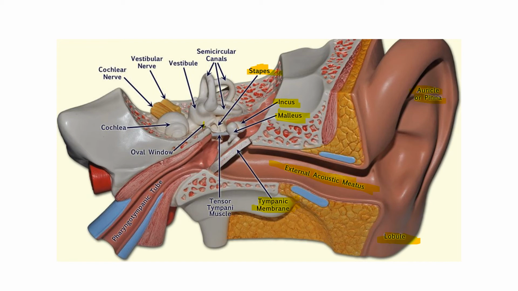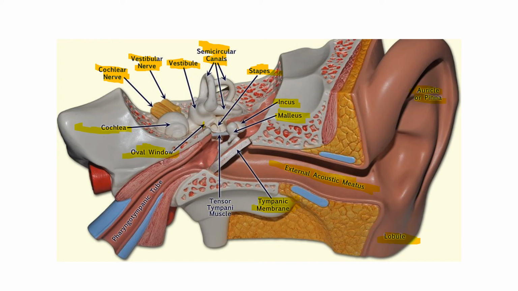We have the oval window, which is right behind the stapes. We have the cochlea, we have the semicircular canals, we have the vestibule, which is the entrance to the ear. We have the vestibular nerve, which is coming off the vestibule and the semicircular canals, and the cochlear nerve, which is coming off of the cochlea.